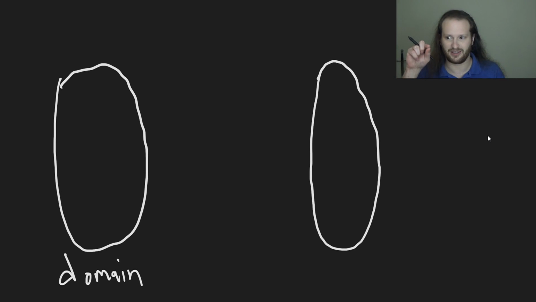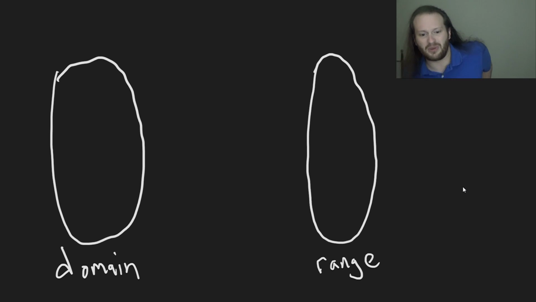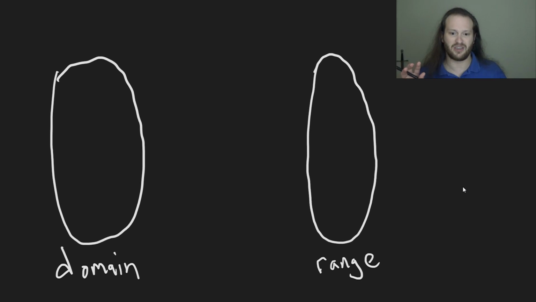A mapping meaning we're going from here to there, we're drawing lines between dots. This is called the range. You might hear words like domain and codomain, image, pre-image. If it makes sense, we'll get to them, but they're kind of specific. We're only really going to be looking at domain as the beginning set, range as the ending set.